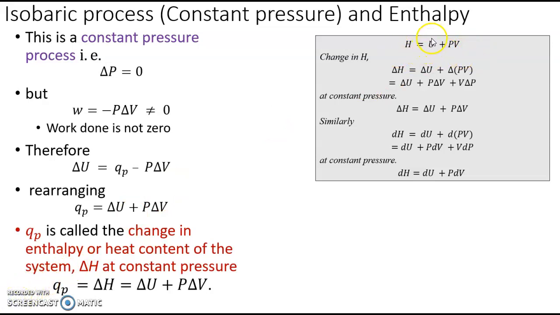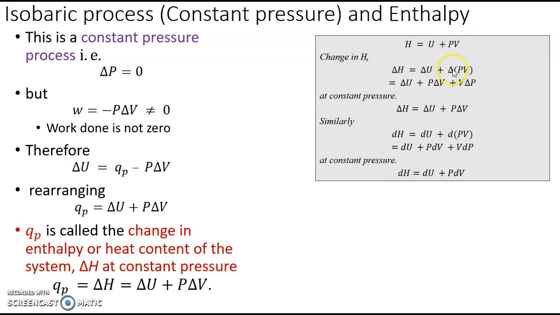It's the sum of the internal energy, which is the energy as a result of spatial arrangement and internal motion, plus an associated pressure volume work. So if we consider the change in enthalpy, that would be the change in internal energy plus the change in the pressure volume work.